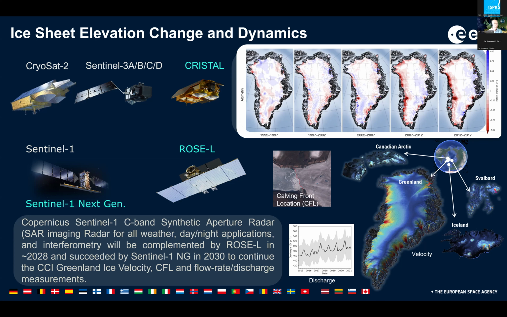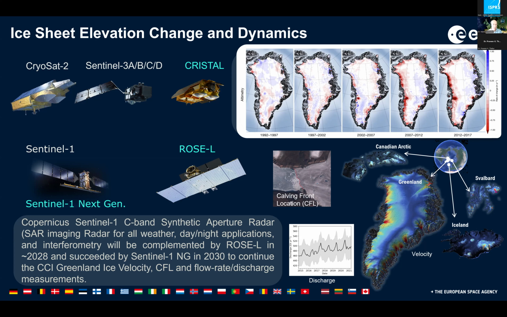Now at the bottom, we also can combine that elevation change together with the velocity on the ice sheet, the calving front location changes, and also the ice discharge changes. Now there we're combining synthetic aperture radar, ice surface velocity measurements into the essential climate variable record.